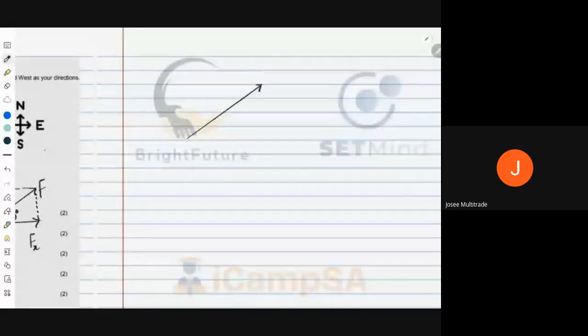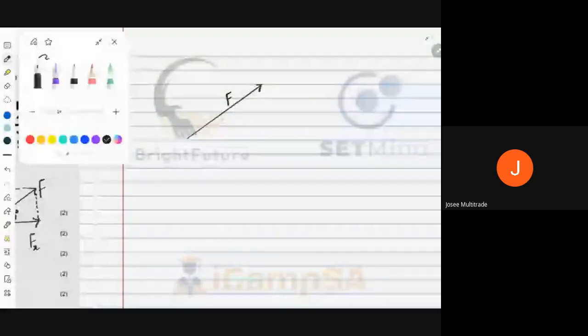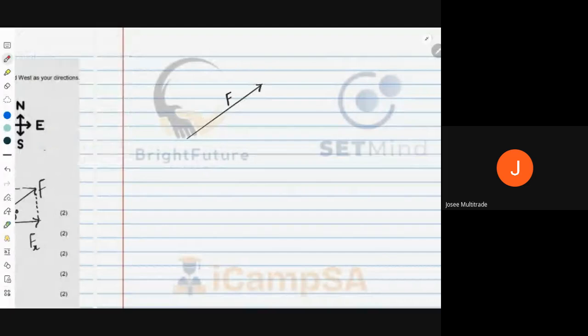So let me just show you how we get this. We have F, and it's going like that. We usually prefer writing the letter or label of that vector at the end. So it's just a thing. Now let me color code it.